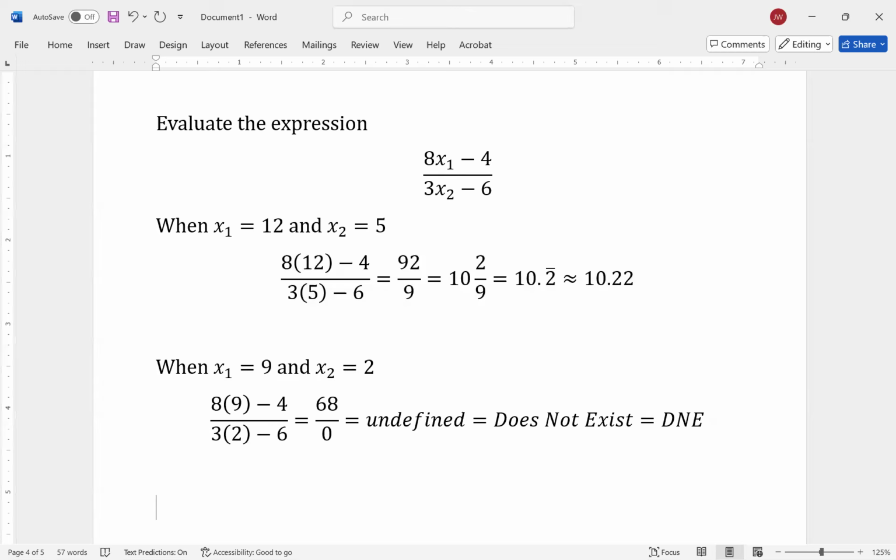It should say a divide by 0 error or something like that. Sometimes it'll say domain error. Sometimes it'll say divide by 0 error. So this is an undefined expression when x1 is 9 and when x2 is 2. And the problem with it is that we cannot divide by 0.